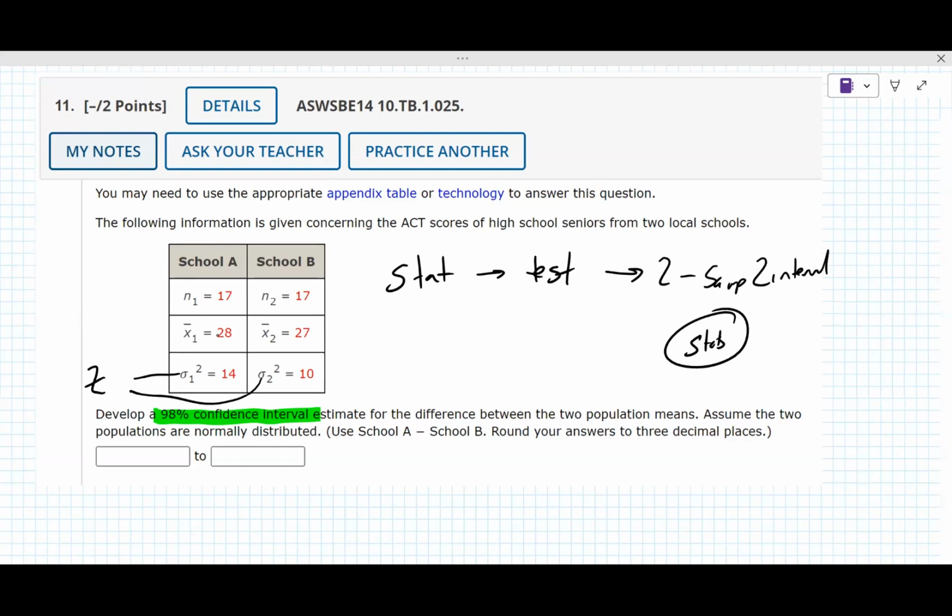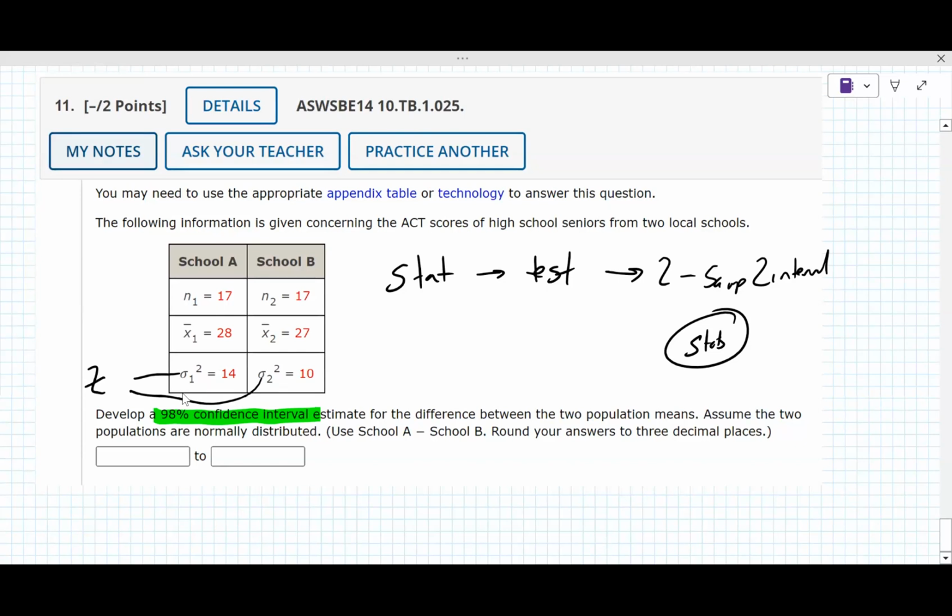So the first one is 28. Yes, X bar 1. And then 27. Oh, wait, sorry. What is that little 0 looking thing again? The sigma.